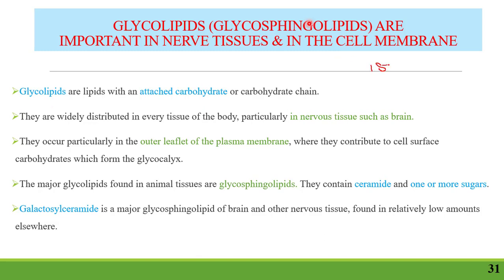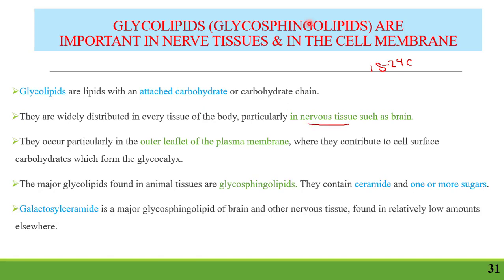Phosphosphingoside also contains a phosphoric acid group. A common phosphosphingoside present abundantly in biomembrane, especially of the nervous system, is sphingomyelin.